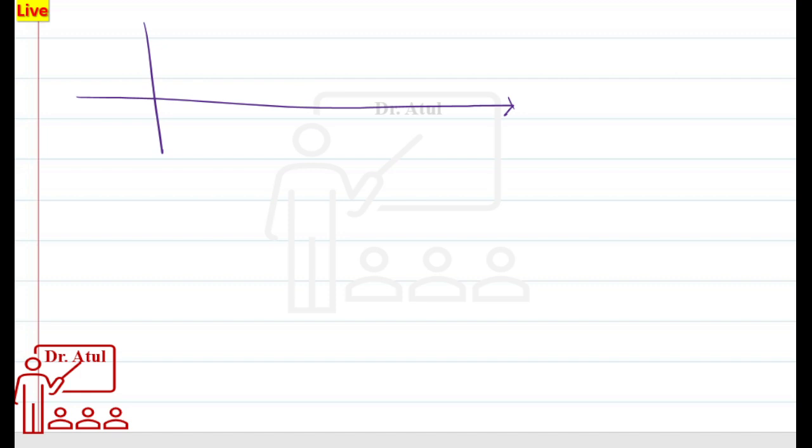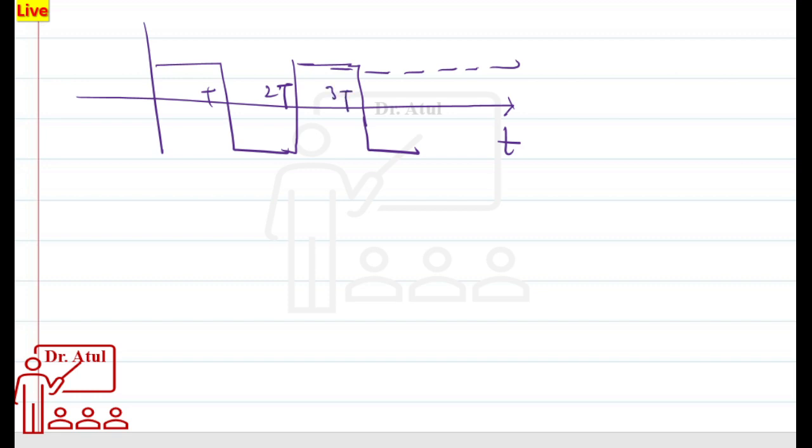So a square waveform is given. This is a periodic square waveform. So the period is available here at T, 2T, and 3T, like that.